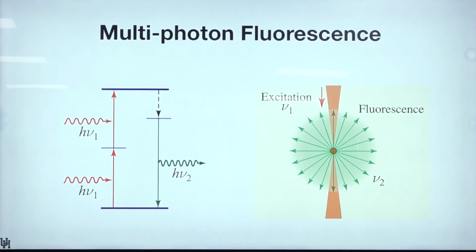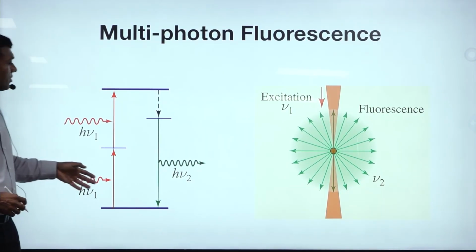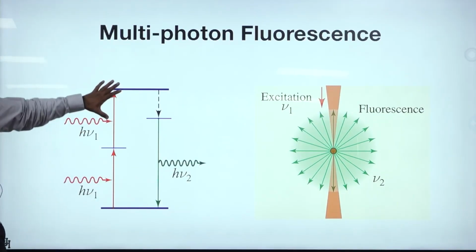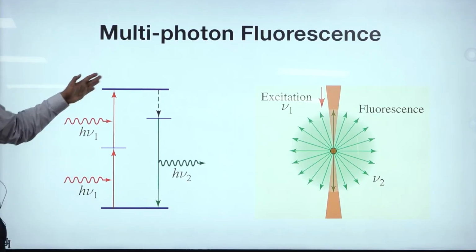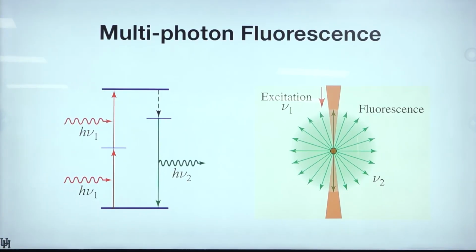In relative terms, for the blue photons, E equals h nu, right? So the higher the frequency, the higher the energy present in the photons. So basically, in this case, red photons get absorbed, and then one photon comes out, and this is a fluorescence.